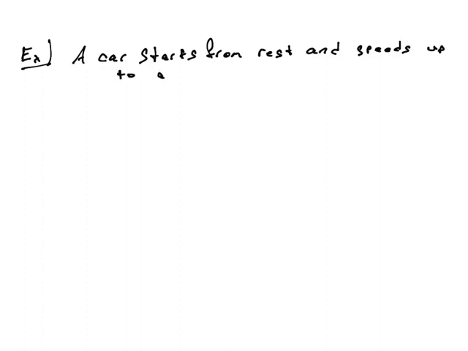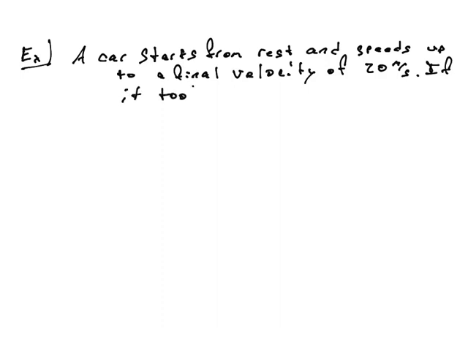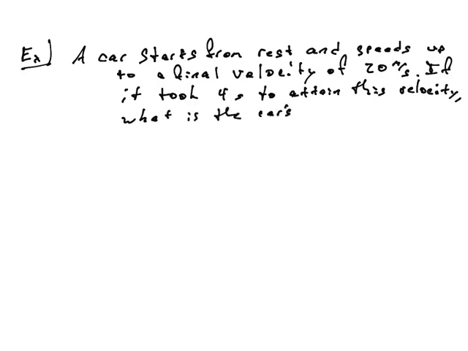A car starts from rest and speeds up to a final velocity of 20 meters per second if it took 4 seconds to attain this velocity. What is the car's acceleration?